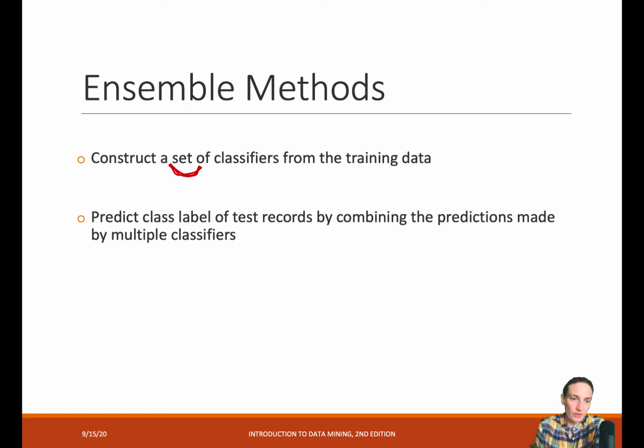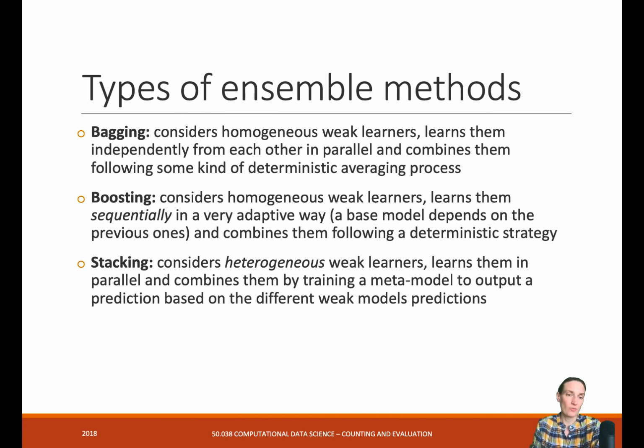So we predict the class label of the test dataset by combining the predictions made from the multiple classifiers. So if a classifier is weak on a certain aspect, we're hoping it's going to be compensated by the outputs of the other classifiers. We have many types of ensemble methods. I'll focus on 3: bagging, boosting, and stacking.